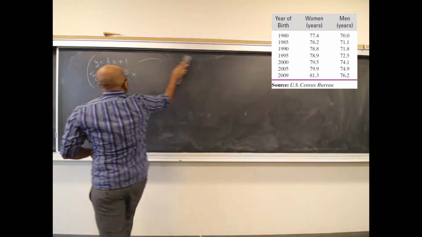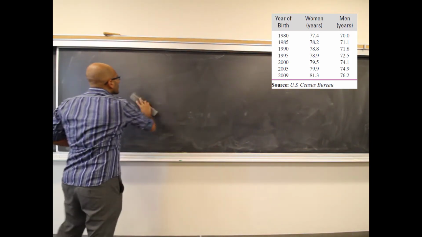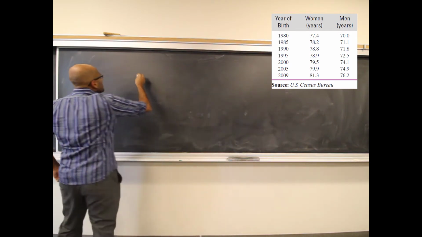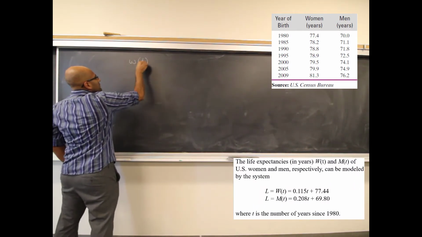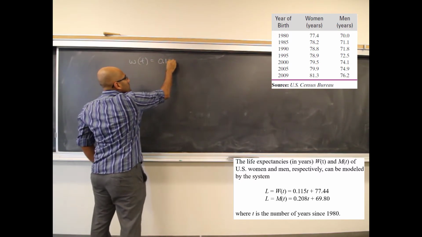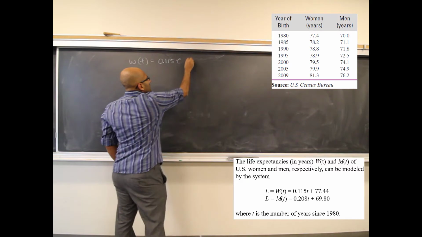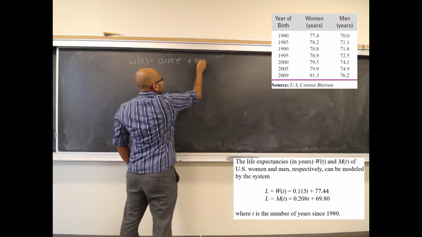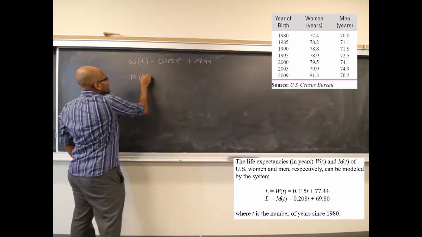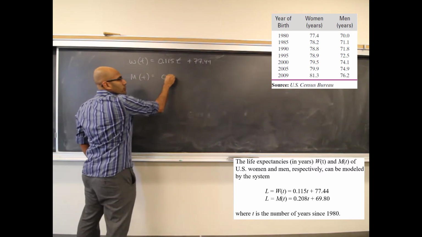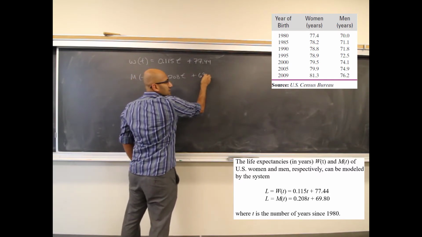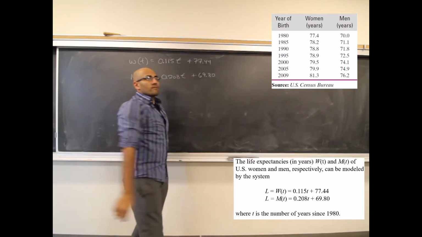Of course, if we didn't have a graphing calculator, we wouldn't be able to use the regression function to find these things, so they might be given. So we have w of t given as 0.115 t plus 77.44, and then m of t equal to 0.20 t plus 69.80. Okay.